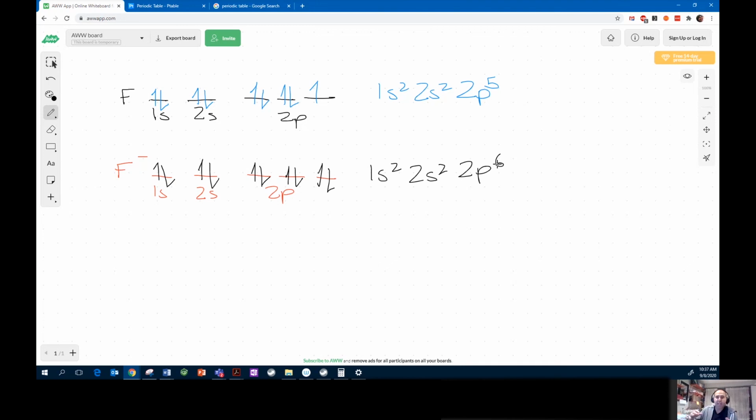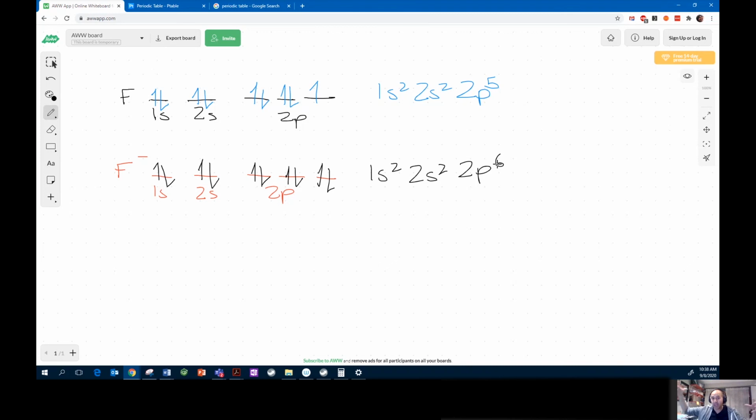Now, the thing is that fluorine, for example, can't accept any more electrons because the energy gap between n equals 2 and the next available orbital, the 3s orbital, is too big. The amount of energy required to have an electron in 3s and hold it there is too big for the nucleus.